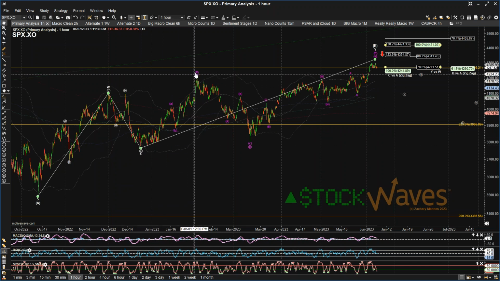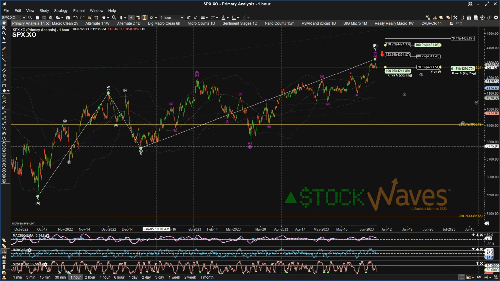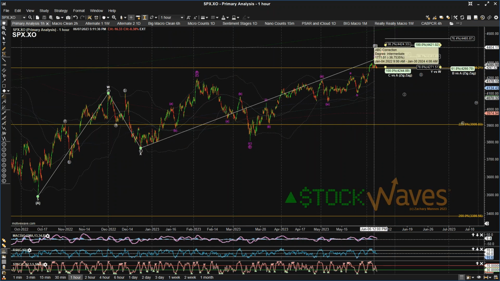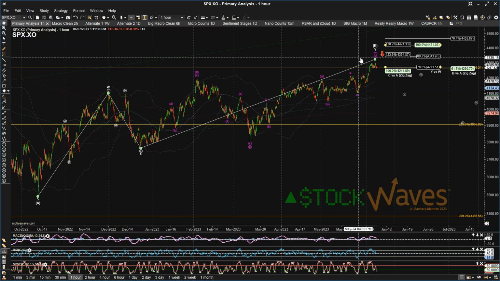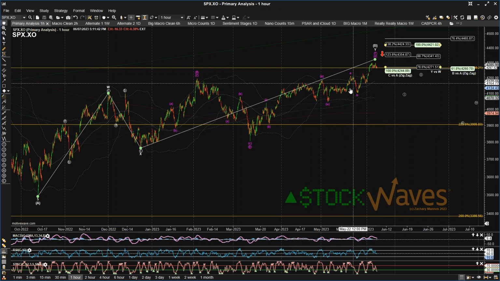We still have the moves up for what would have been the C wave, but it's turned into an ABC as a Y wave. And the reason why I like that is that we're getting fib extension that fits a lot better with this move itself.